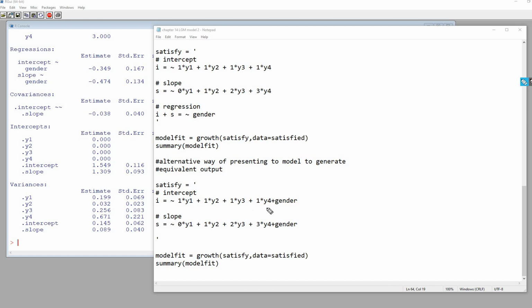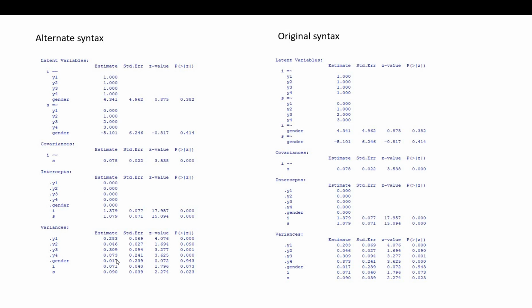This is just me redoing it, but adding in gender as an indicator of I, and also the slope factor. And what you'll find if you run that analysis is that you'll get exactly the same coefficients and fit and everything. And actually I provide demonstrations of the output using the two syntaxes in the PowerPoint. So be sure to check that out.